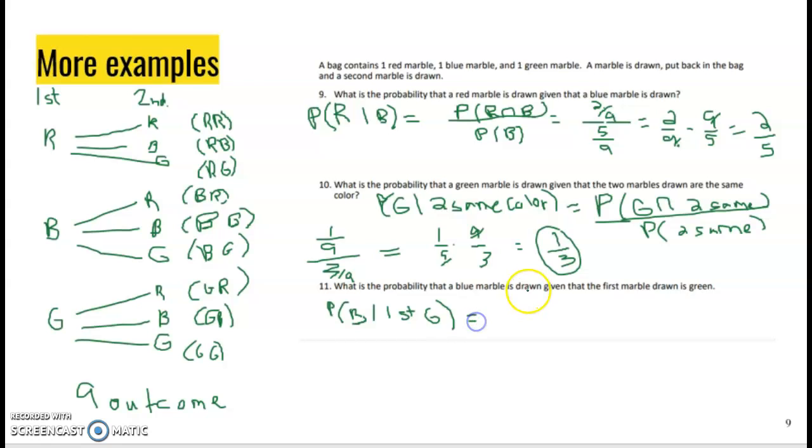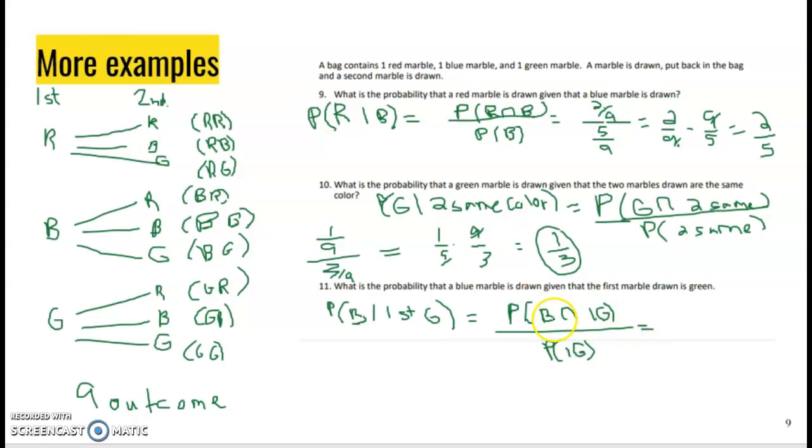Using the formula, and again, some of you are going to maybe just be able to figure out that probability from looking at our outcomes, but I'm going to go ahead and go through with the formula. So the probability that you draw a blue and the first, I'm going to put 1G, is green, divided by the probability that you have the first being green.